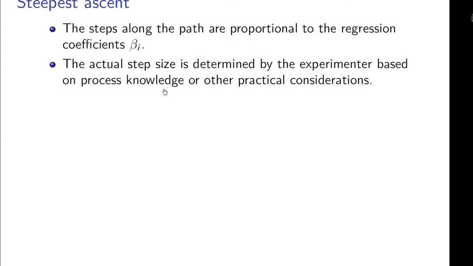Now, that tells you direction, but the step size is still another factor that you have to determine, but that comes from the setting of the experiment. It comes from knowledge that the experimenter has of the process, of the phenomena that's being studied. It might depend on other practical considerations, so you might arbitrarily choose a fixed step size.